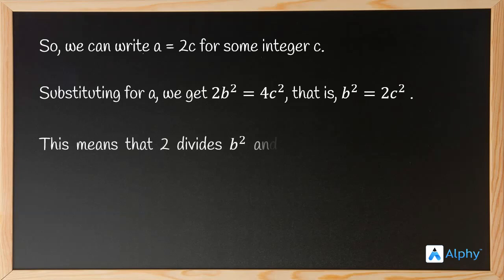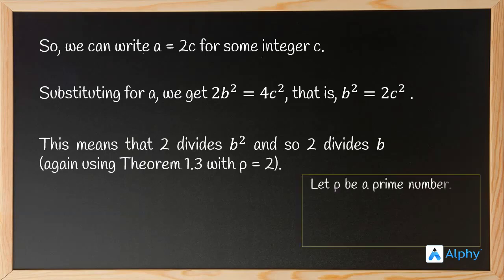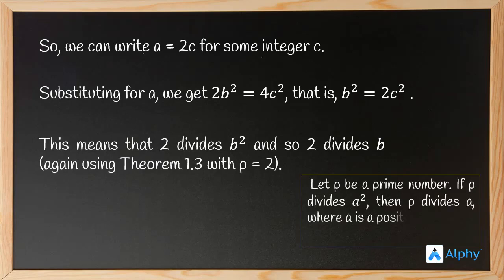This means that 2 divides b square and so 2 divides b. Again using theorem number 1.3 with p is equal to 2. So now from the equation b square is equal to 2c square, we can infer that 2 divides b square. So 2 divides b, and from theorem number 1.3 which states that let p be a prime number, if p divides a square then p divides a where a is a positive integer.